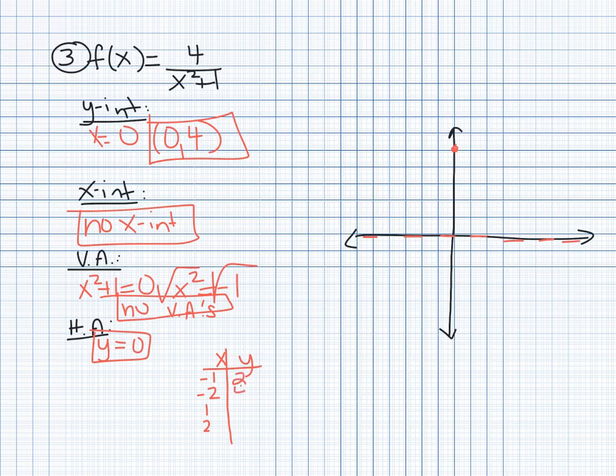Just deal with them. These are the ones that I ended up doing. 4/3 is 1 1/3, by the way. Once again, changing it to a mixed number is going to help you out a lot. So then you're just going to draw your points from there. And you're going to find that this ends up looking kind of like a bell-shaped curve here.